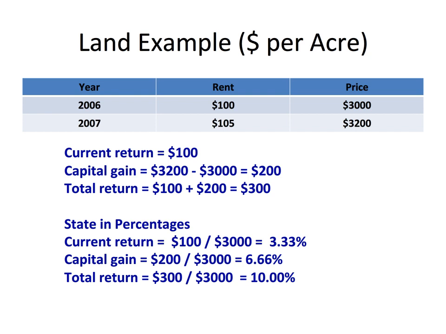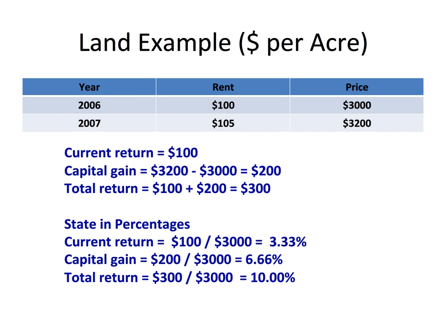So the $3,200 and $3,000 bracket the year 2006, and the $100 return occurs in 2006. So in this example, we're calculating the returns for 2006. Current return is $100. Capital gain is $200. And total return is $300. You can see the calculations there and where they come from.